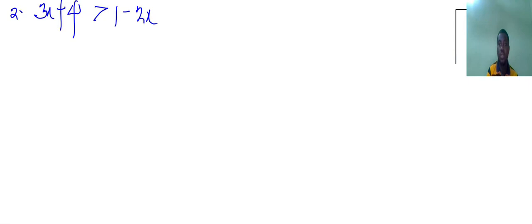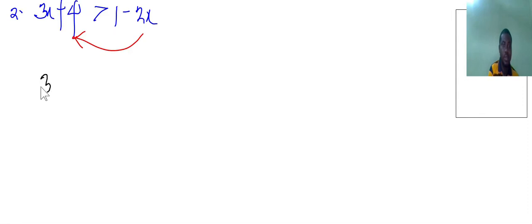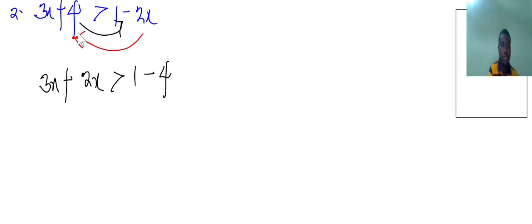The same way we tend to collect like terms so that all x are to one side of the inequality. Then plus 4 comes to the right. So we have 3x plus 2x greater than 1. Plus 4 comes to the right, turns to negative 4. Moving from left to right changes sign anyways. 3x plus 2x, that's 5x greater than 1 minus 4 is minus 3. 5x greater than minus 3.